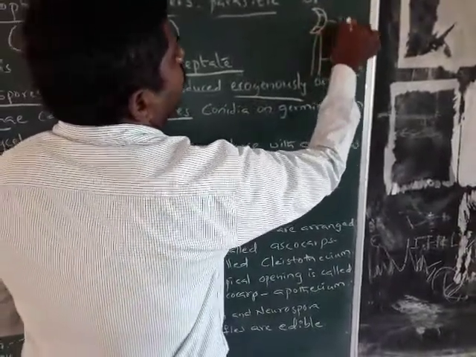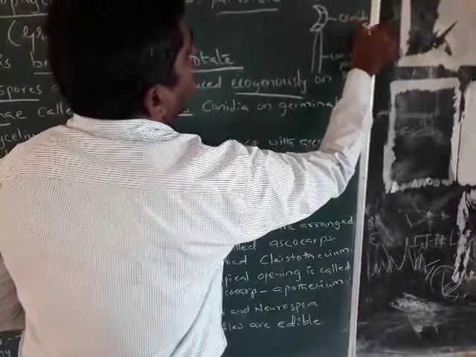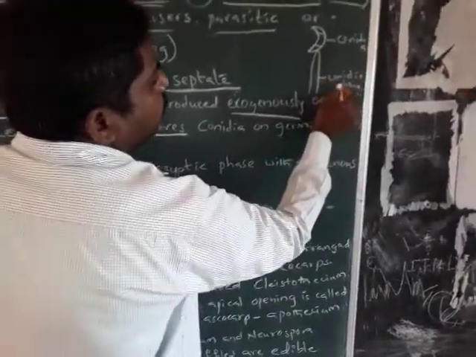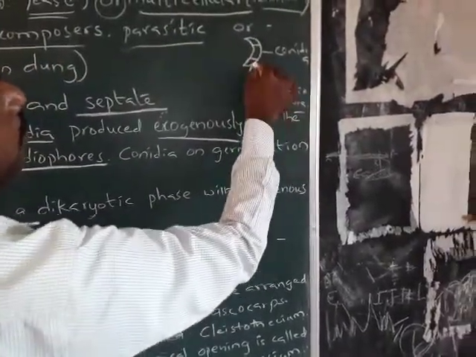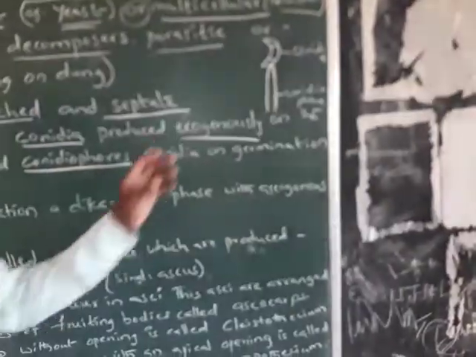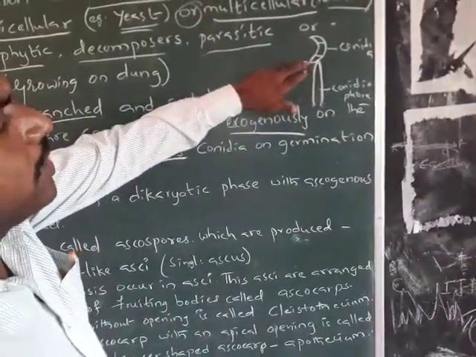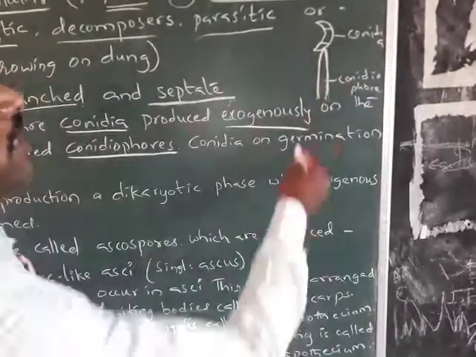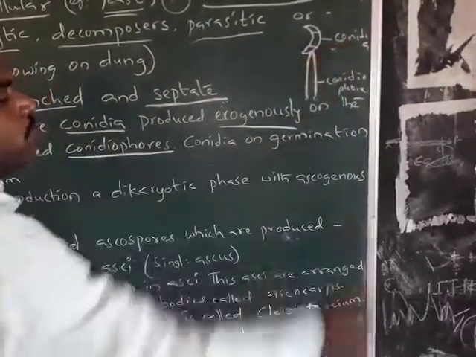The conidia are always attached on the conidiophore, which means the conidiophore produces conidia.